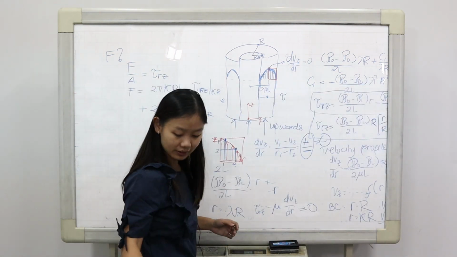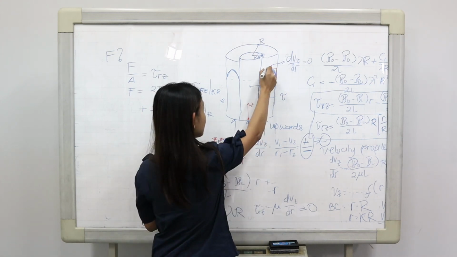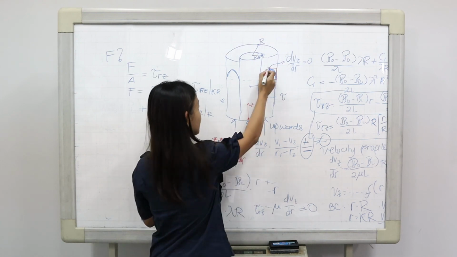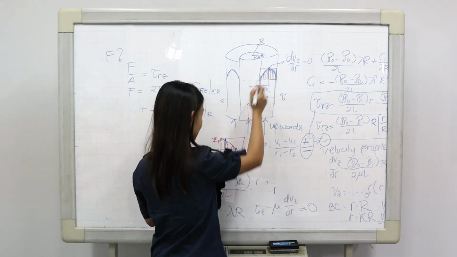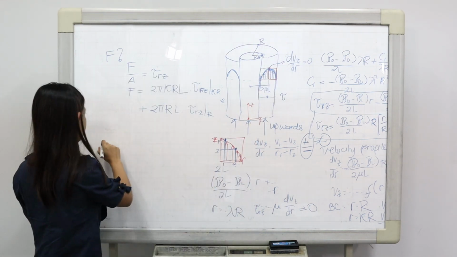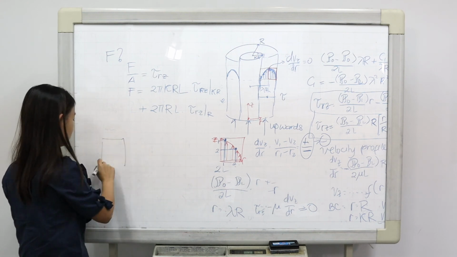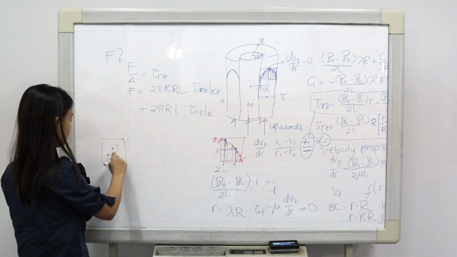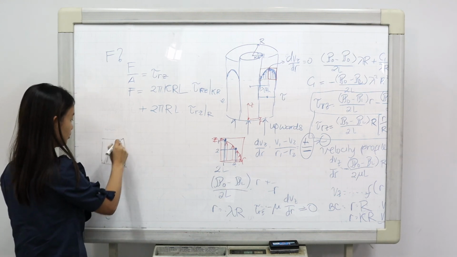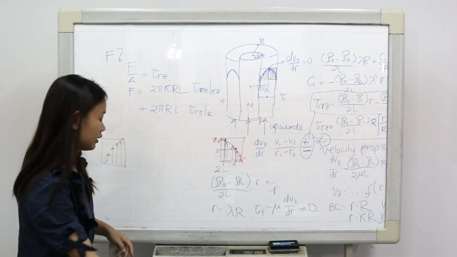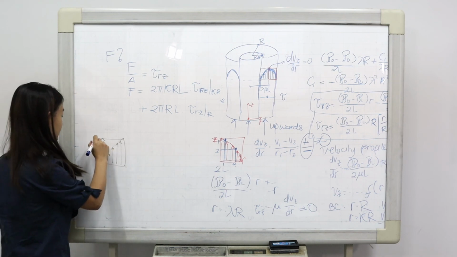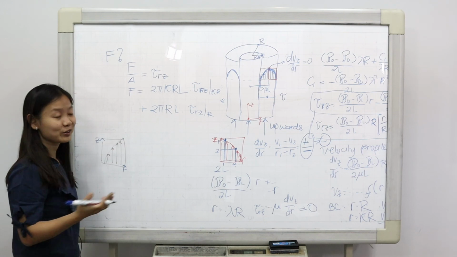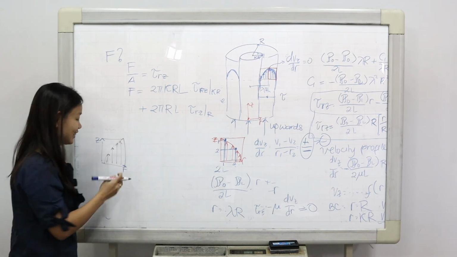Now, if I closely look at this other part, this is Z, this is R. You can do something like that, or you can just guess.